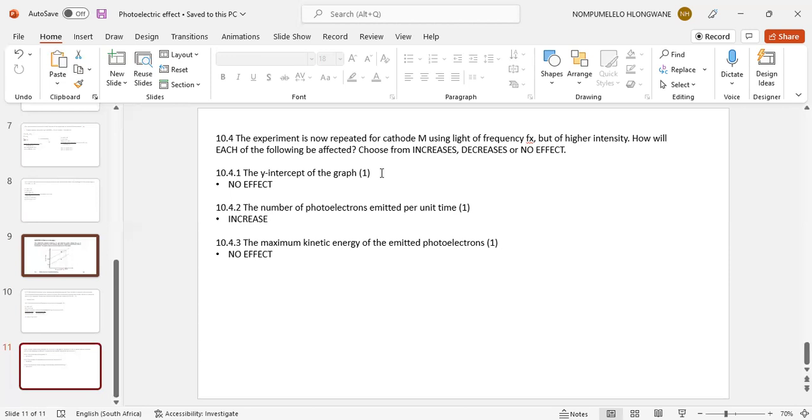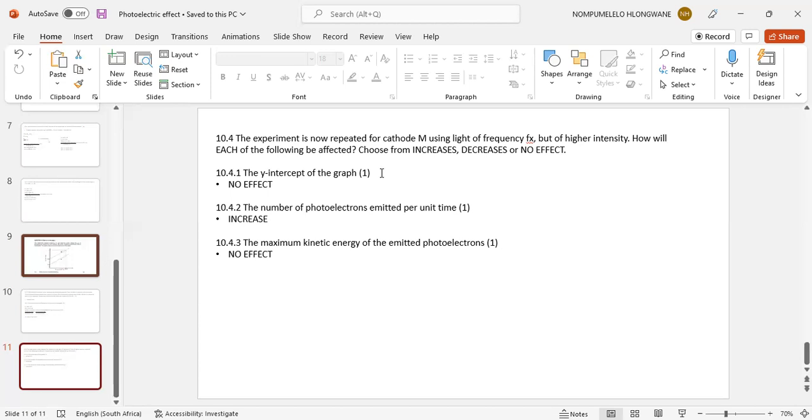The number of electrons emitted per time. Now, this is different. Intensity, or brightness, only affects the number of photons of light that are shone onto the metal surface, and the number of electrons ejected from the surface.